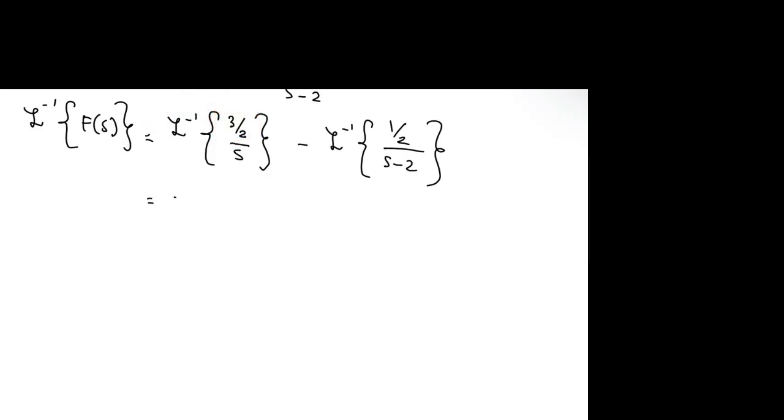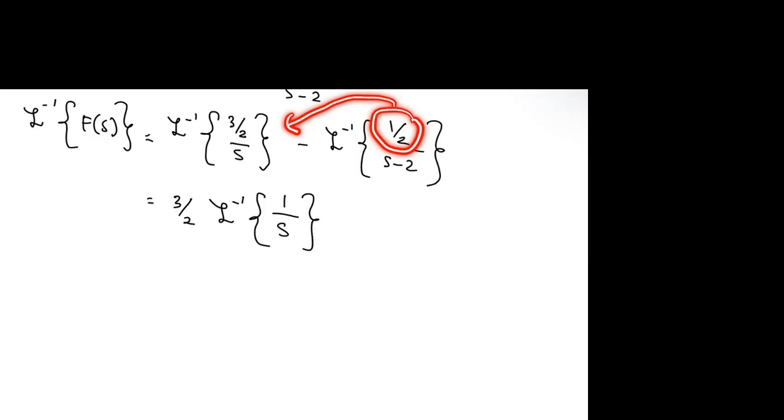So you will have 3 over 2, and the inverse of here will be 1 over s. Here we also have a constant, so we can put the constant outside. And we have here s minus 2, so s minus 2 gives exponent 2t. So exponent 2t you can put outside, and here will be just s. So let's take out 1 over 2 and take out exponent 2t.